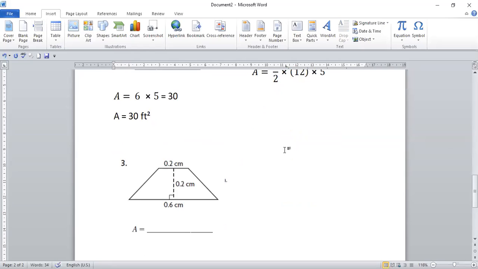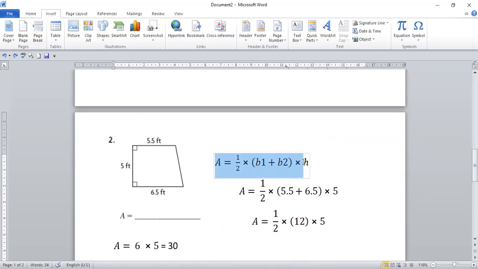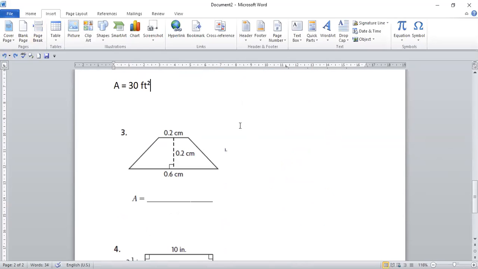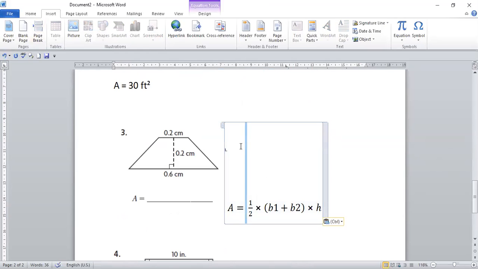Next is question number 3 again. I'm not writing the formula. Oops. Okay, let me just copy it. Copy the formula. I will write it. Ooh, why is this much space here?